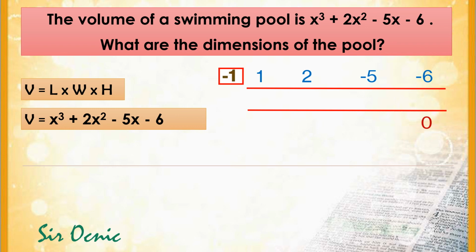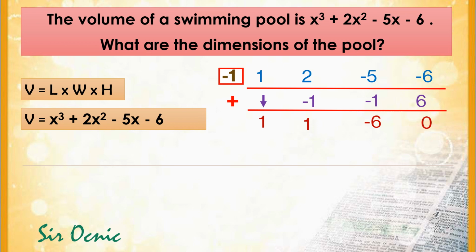Let us try -1. Bring down 1, times -1 is -1, plus 2 is 1, times -1 is -1, plus -5 is -6, times -1 is equal to +6. Therefore, -1 is the zero of the given polynomial function.